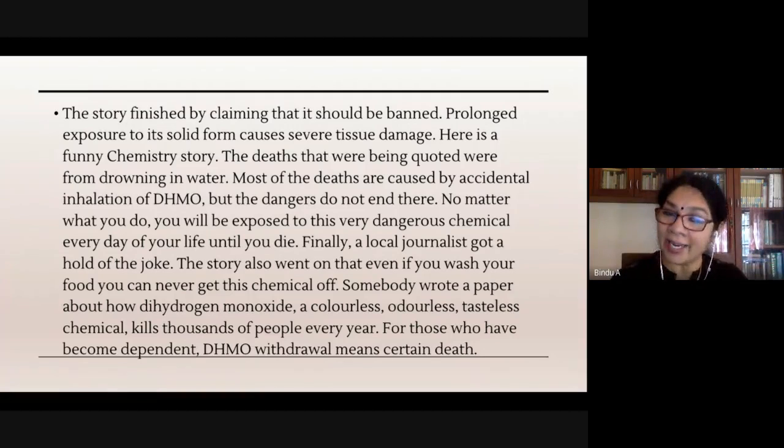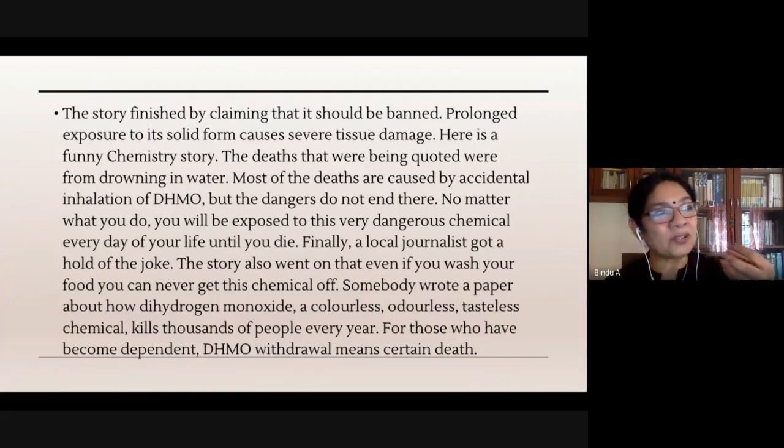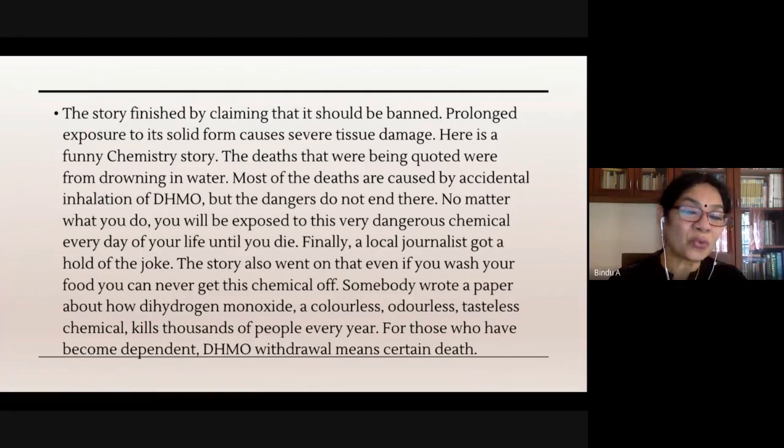When you inhale water, naturally when your lungs are full of water, you cannot breathe and then you will die. But for those who have become dependent, the moment water is withdrawn, death is certain. Even if you wash your food, you can never get this chemical off. It will always be there as an essential ingredient of everything that you wash with water, naturally.